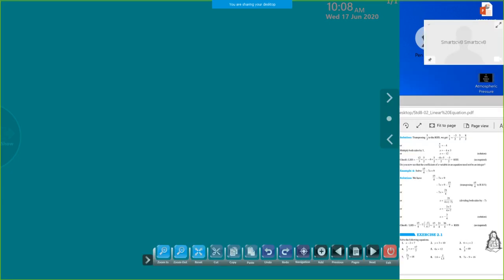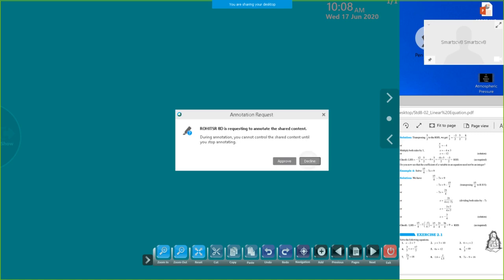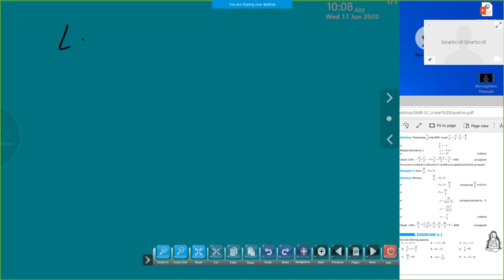So last maths class, what we learned is linear equation in one variable. I will explain once again the meaning of each term.